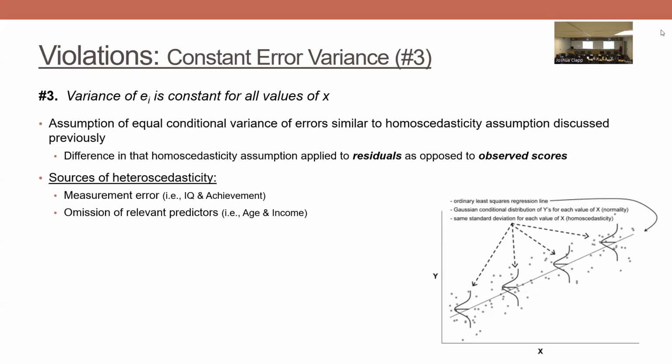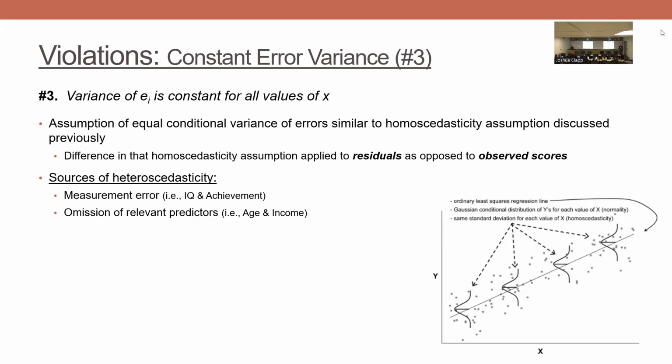Okay. So again, what we can start to see is measurement error creating problems with heteroscedasticity, right? We talked about how achievement tests get less reliable as scores get higher and higher. So my estimated value of my predictor, if it's IQ, starts to get more and more messy.